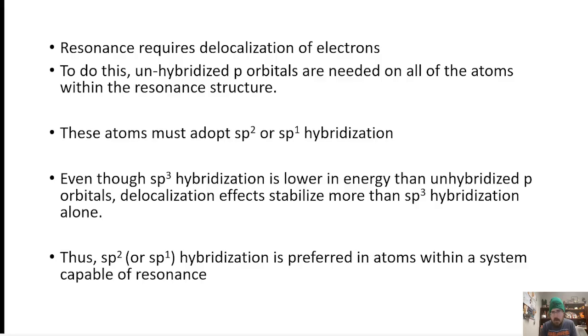The idea here is that the molecule is always trying to save energy. While the sp3 hybridized orbitals are lower energy, if you can unhybridize the p, it saves more energy than if you just made it all sp3 hybrid. Thus, sp2 or even sp hybridization is preferred in atoms within a system that is capable of resonance.